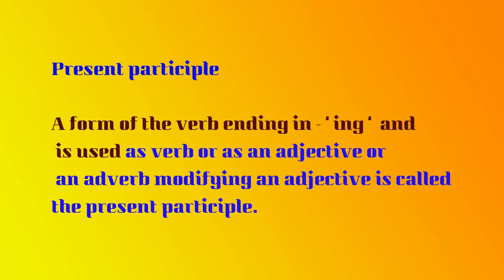Gerunds and present participles have the same form, verb form 1 plus ing, but they differ in their function. A gerund functions as a noun, whereas a present participle is used as a verb, an adjective or an adverb. Let's see some examples, you will understand better.